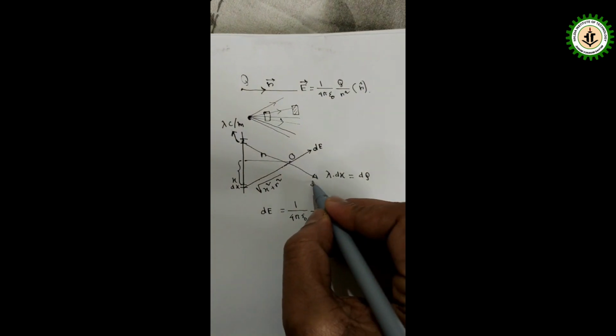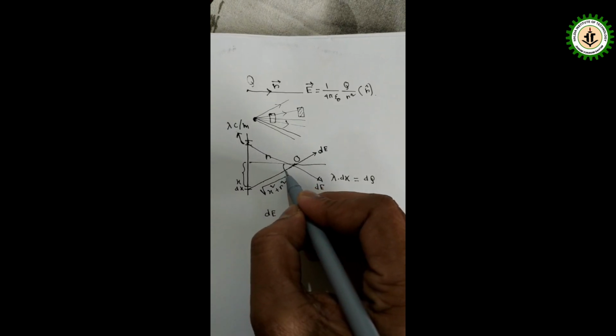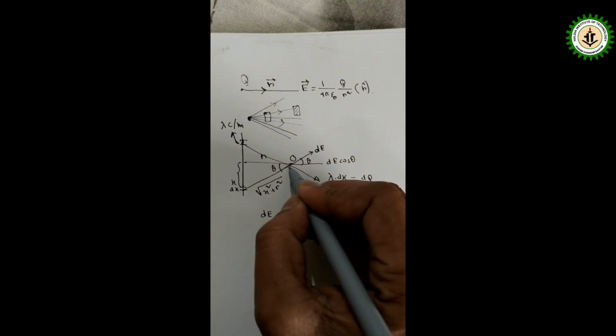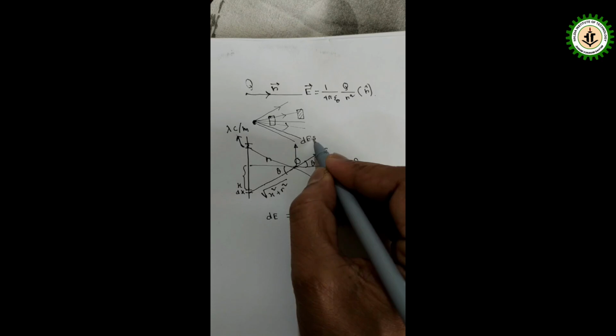Now if I split this dE into two components, and this angle is theta, so this is also theta, this component will be dE cos theta, and this component becomes dE sin theta.